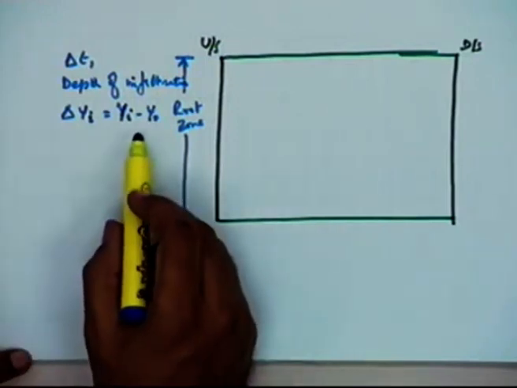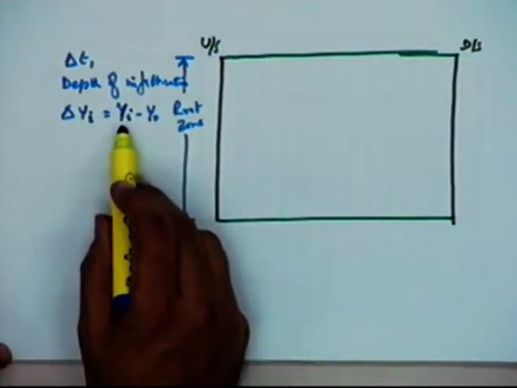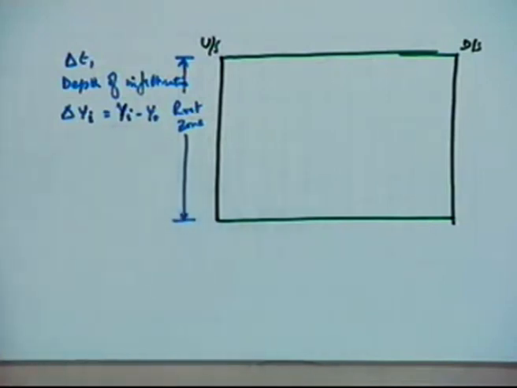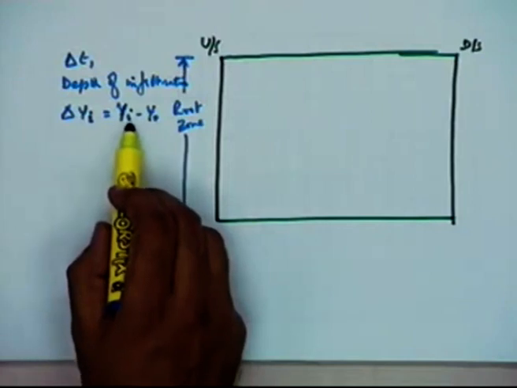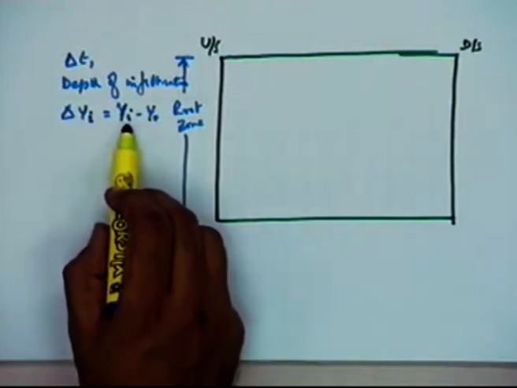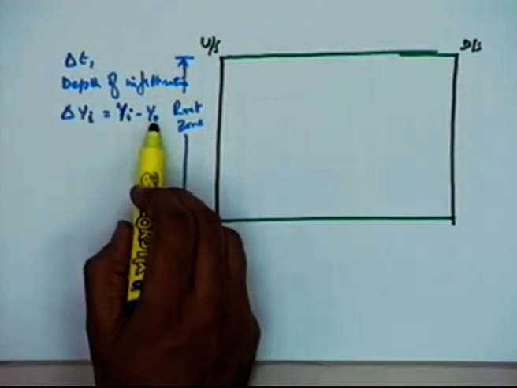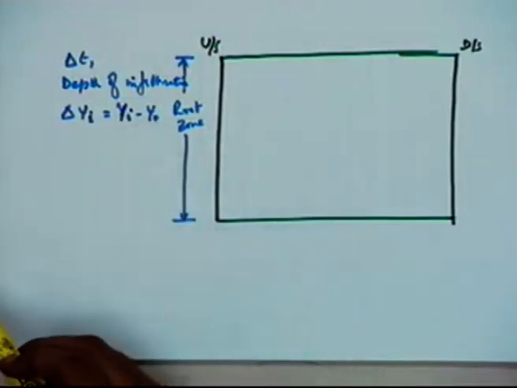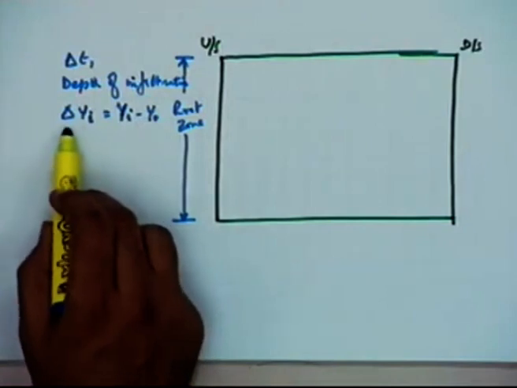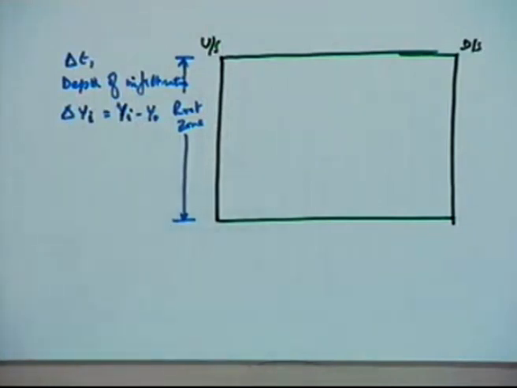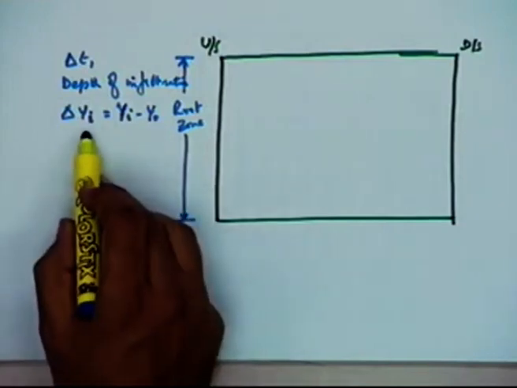So if yi is the infiltration at the end of the interval, and y naught is the infiltration which was already available in the beginning, then during that interval the increment in depth of infiltration is delta yi.